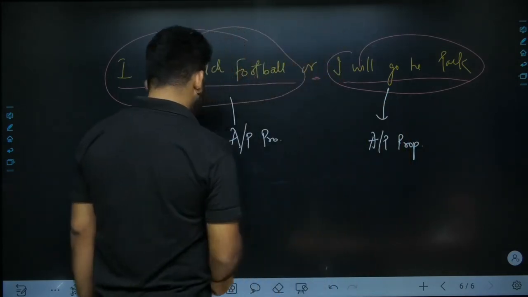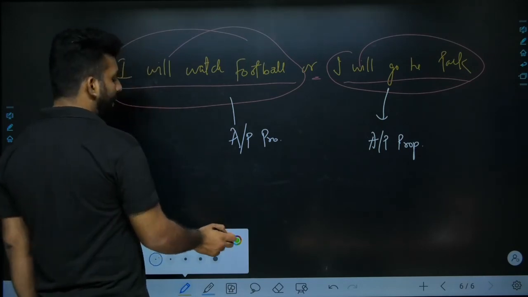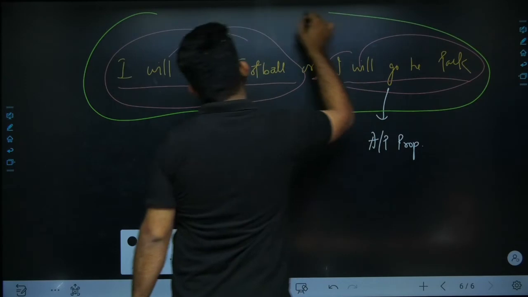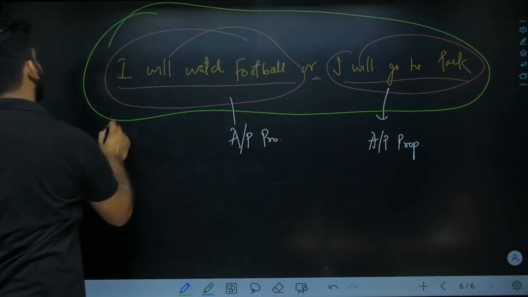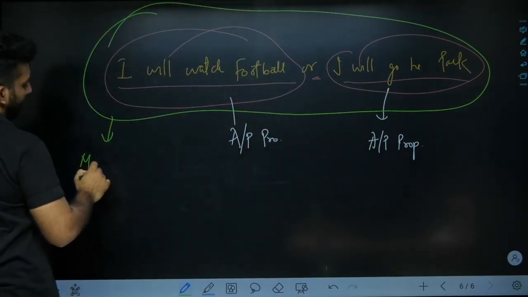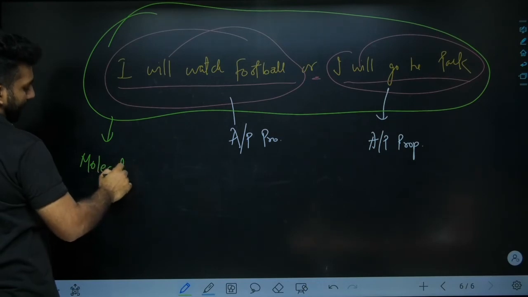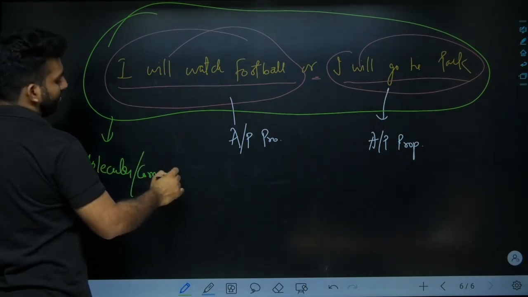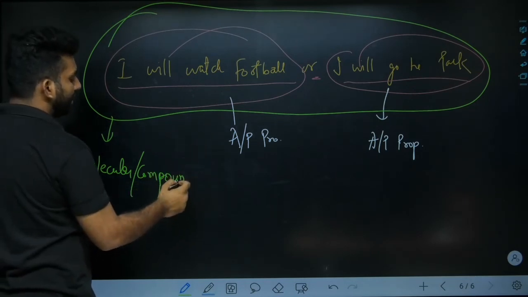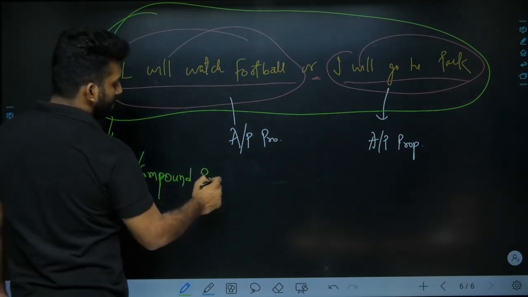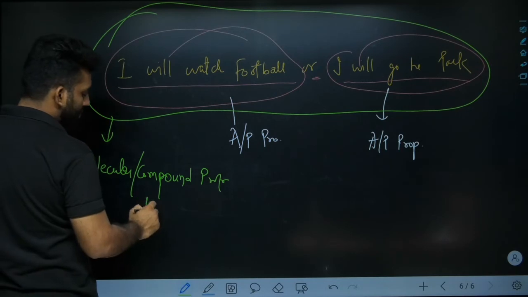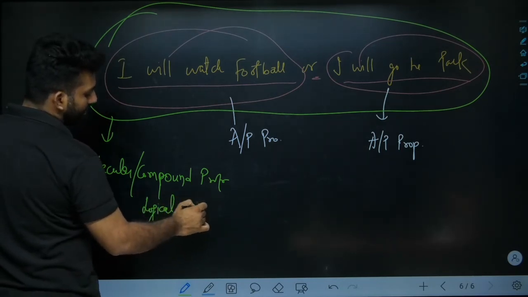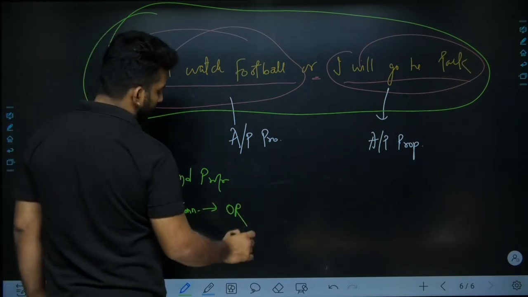But when the complete statement is combined by this OR, it is an example of a molecular or compound proposition, because I have used a logical connective. That connective is OR.